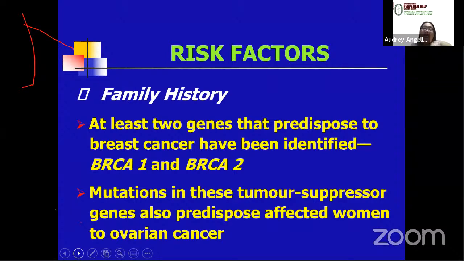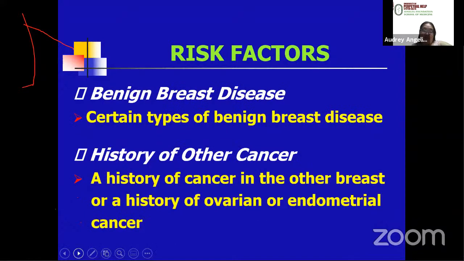So these are mutations in tumor suppressing genes predisposing women to ovarian cancer and subsequently breast cancer. Okay. As mentioned, certain benign breast diseases, particularly your atypical lobular and atypical ductal, and a history of any other cancer for that matter, would be included in risk factors for breast cancer.